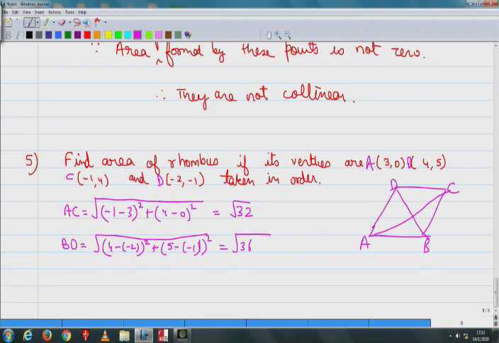And this will become 5 plus 1, which is again 6 square is 36, which will be root 72. So these are the lengths of the diagonals. So area of rhombus is given by half into product of diagonals, which is AC into BD.